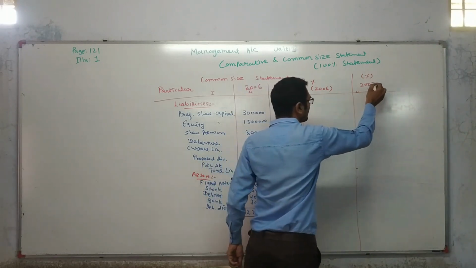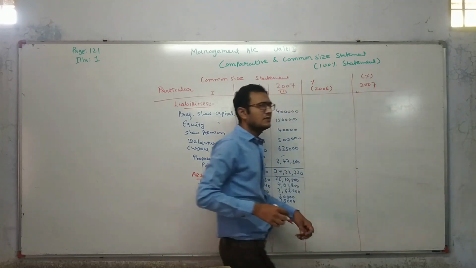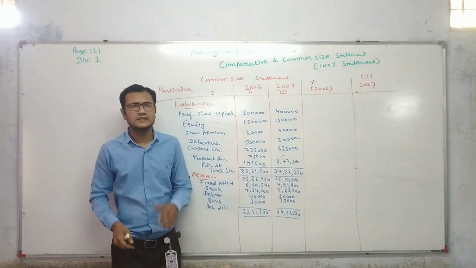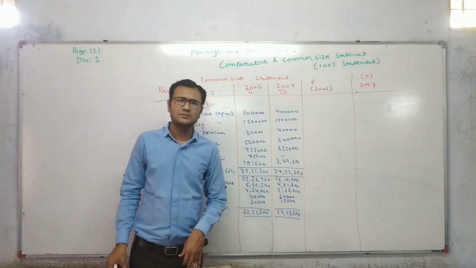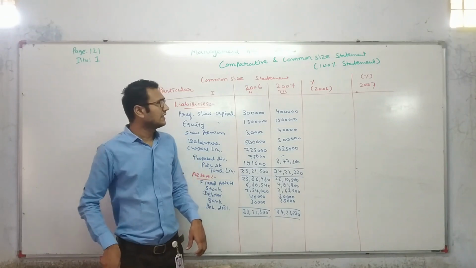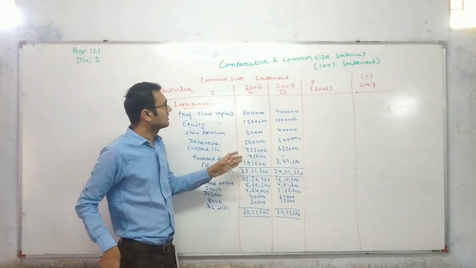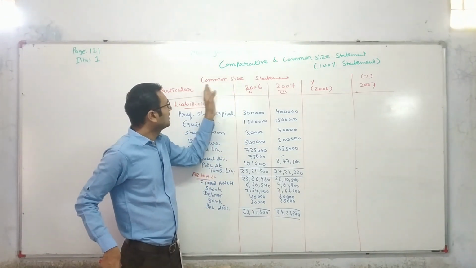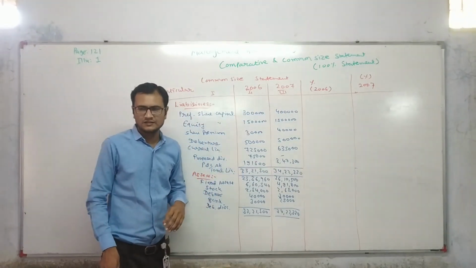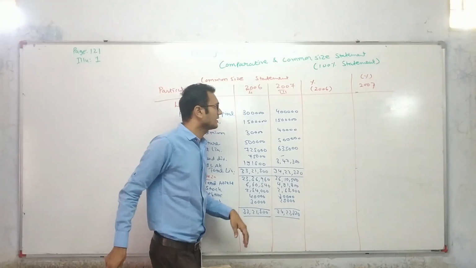It is not compulsory that in common size statement 2 years information must be there. It can be possible that only 1 year information is available. So in case of 1 year information, you just have to prepare particular 2006 and percentage of 2006. Just 3 columns.